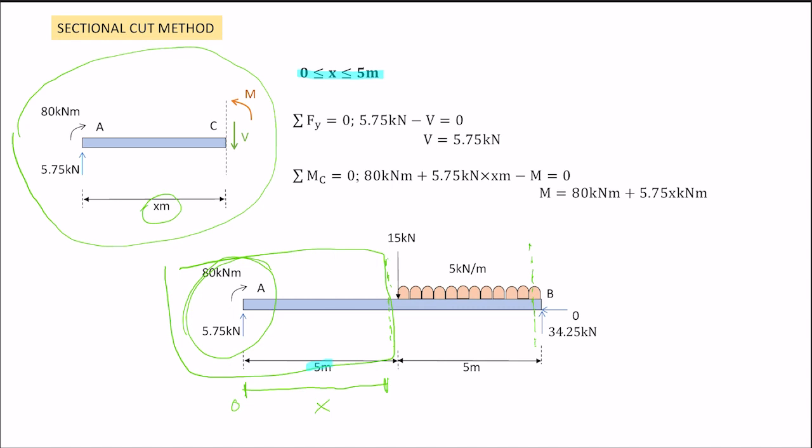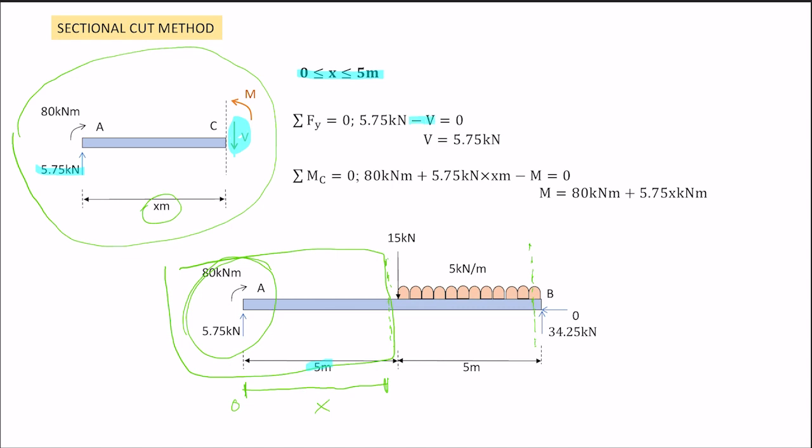Total Fy equal to 0 and we have 5.75. It is the upward reaction minus V here, the shear force going down.